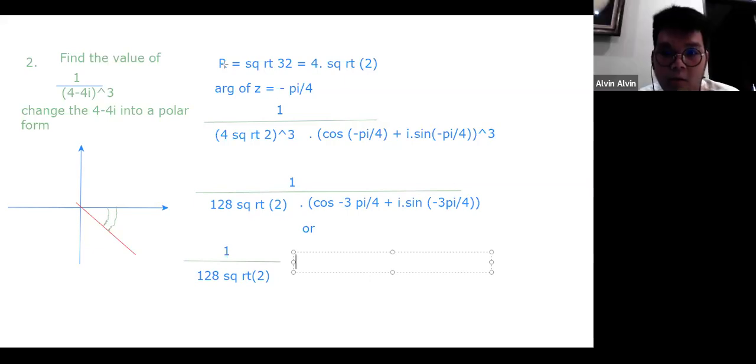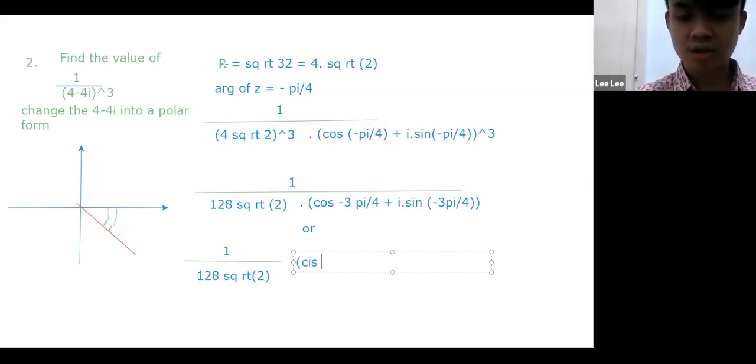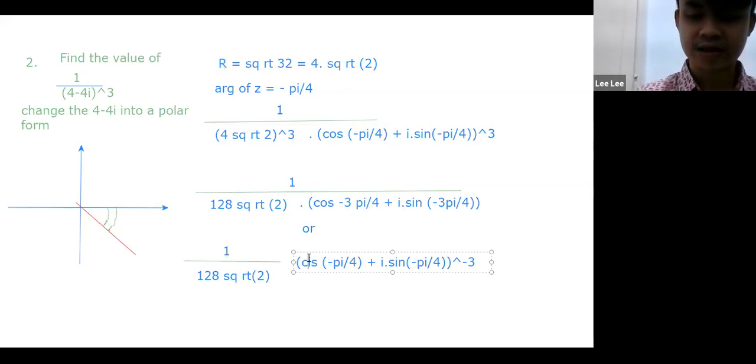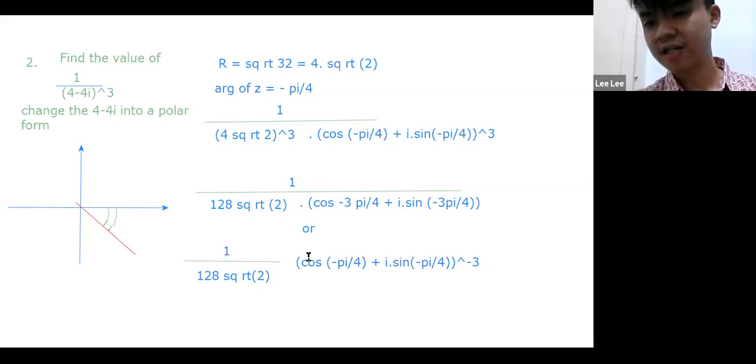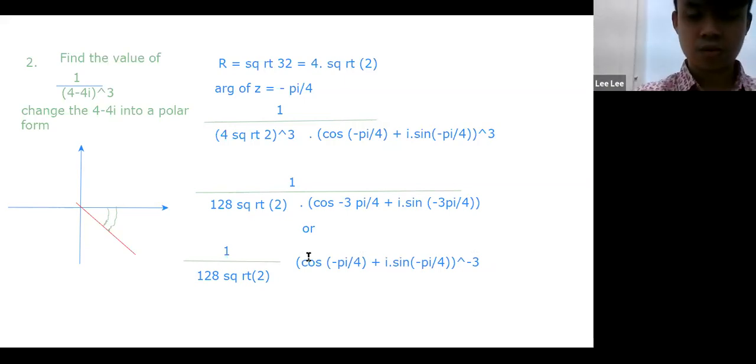So we flip it. So it becomes cos negative pi over 4 plus i times sine negative pi over 4 to the power of negative 3. Then you put the negative 3 in.